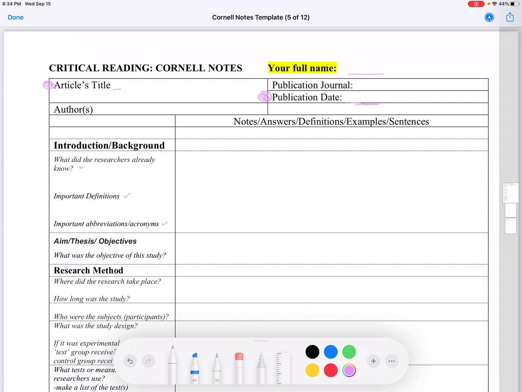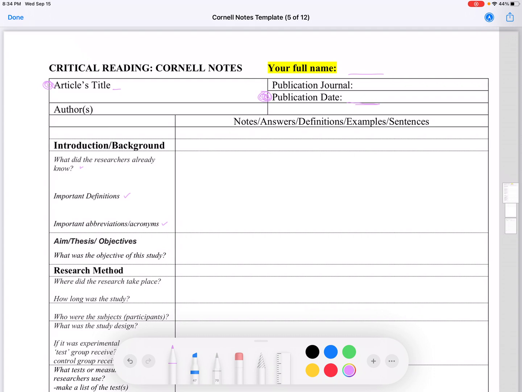Write those down. For example, in the autism article, they used ASD, and they told us that was autism spectrum disorder. They also wrote down VDD, which was vitamin D deficiency, because they knew that children with autism often had VDD.